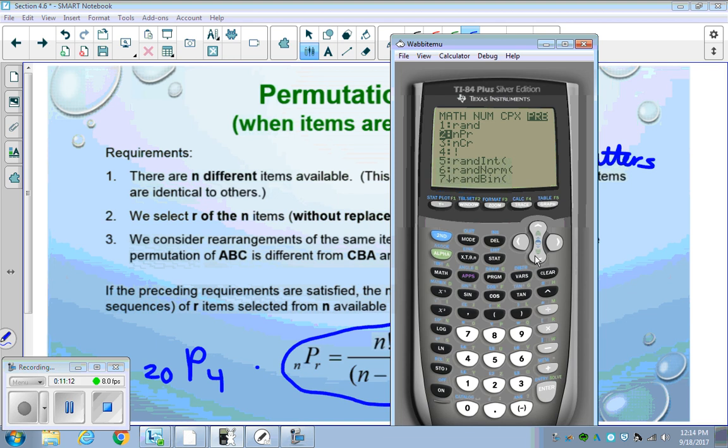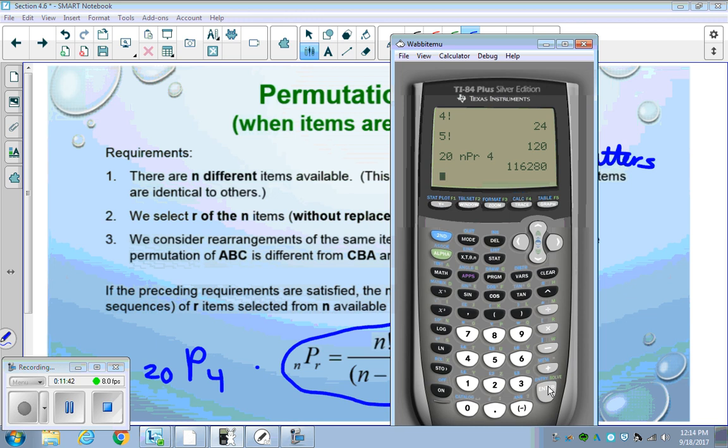So that's the one I'm going to choose. It takes me back to my home screen, and then how many people am I choosing? 4. And I'm going to hit enter. Wow. 116,280 different possible ways for there to be president, vice president, secretary, and treasurer because order mattered.